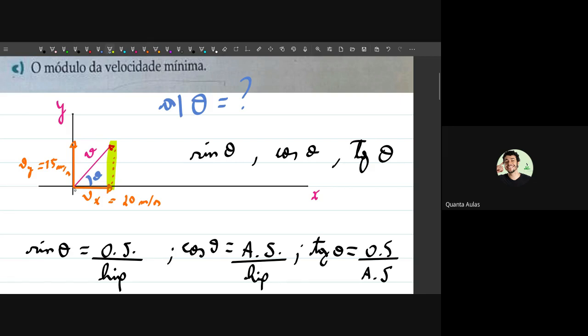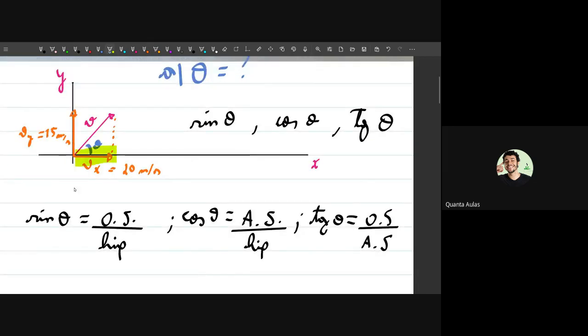You know the size of the side is 15, right? 15, because it's the same vector. And here we have 20. Here is the adjacent side because it's near to the angle. So adjacent means near.